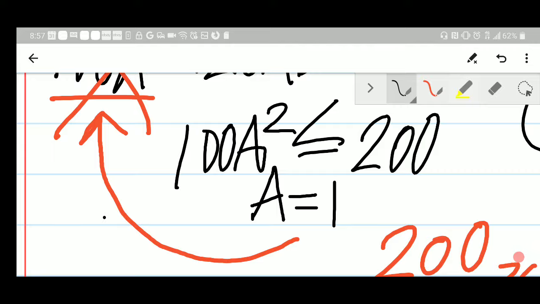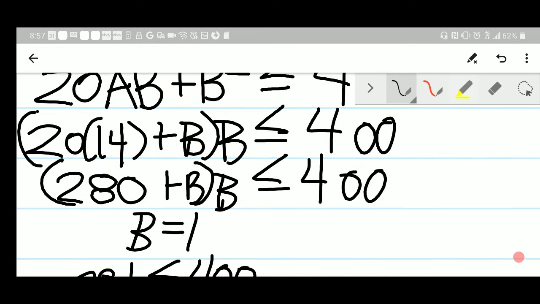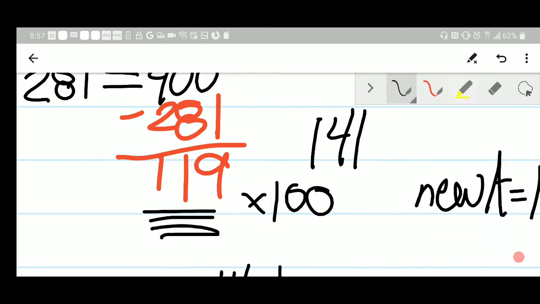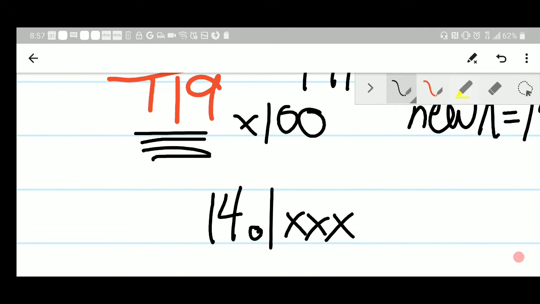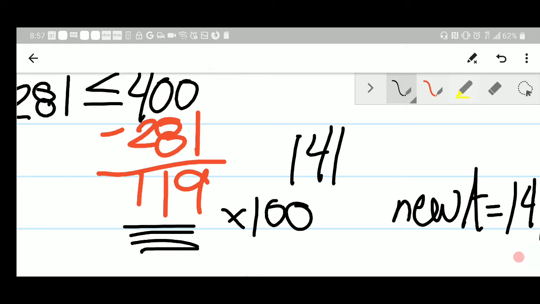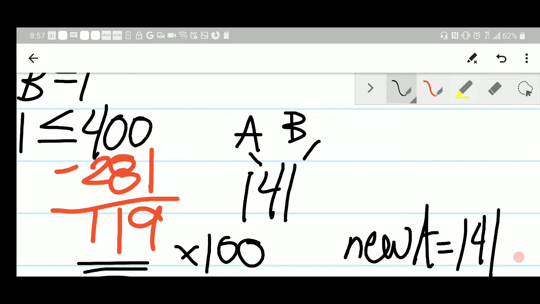So we moved the decimal place two spots. Okay. So that's the new A, and then that's the new B.